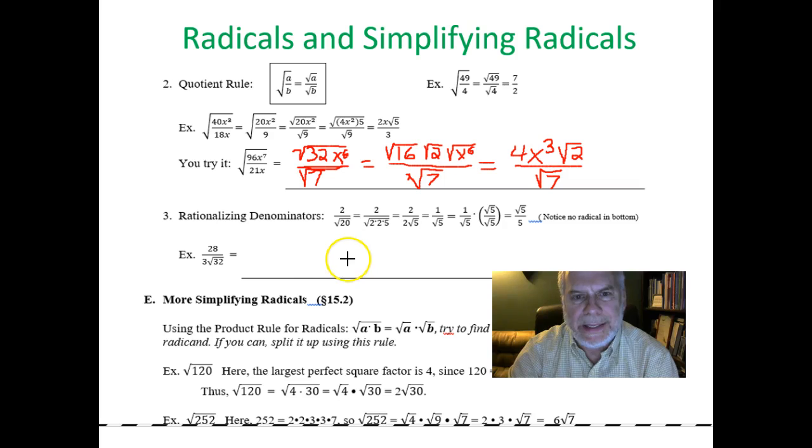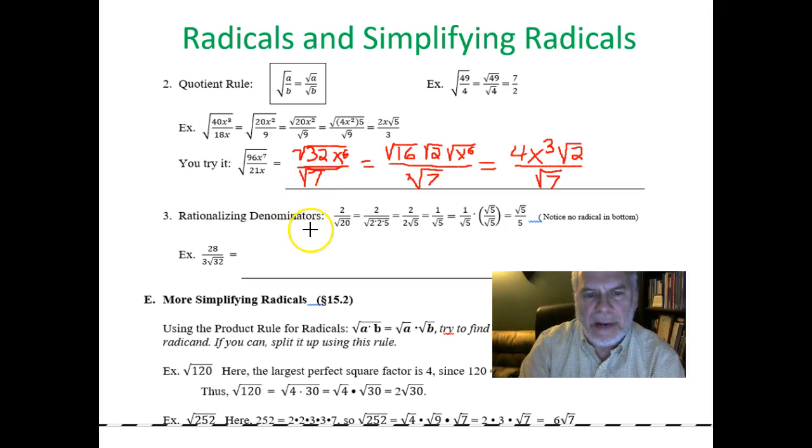Okay, so what I did was I broke up the numerator and the denominator into separate radicals, but I first reduced. I know that 3 goes into 96, so I divided the top 96 by 3 and I got 32, and the bottom I divided by 3 and I got 7.